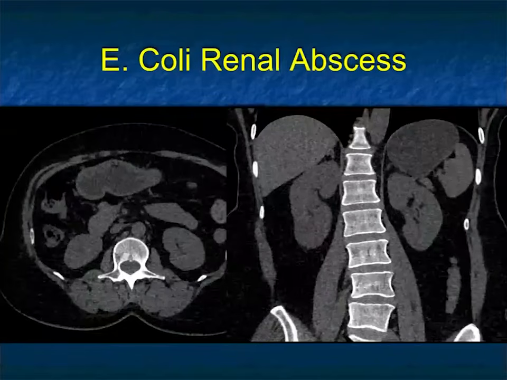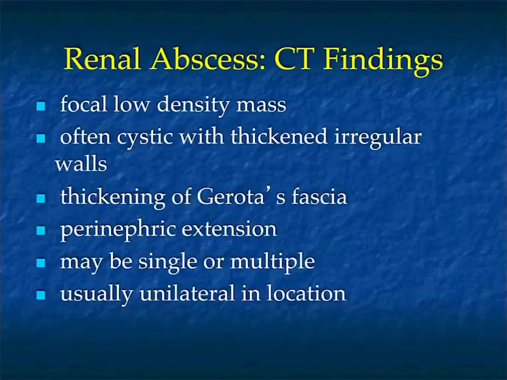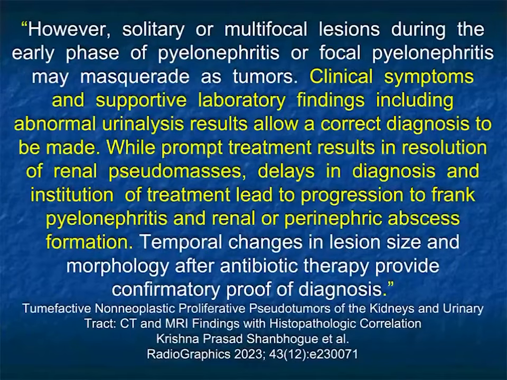And this was an E. coli abscess, making the point very nicely that infection, particularly abscesses, can look like cystic tumors. And again, low density, often stranding around the kidney, perinephric extension, can be unilateral or bilateral, usually unilateral, but again, it can be somewhat challenging.